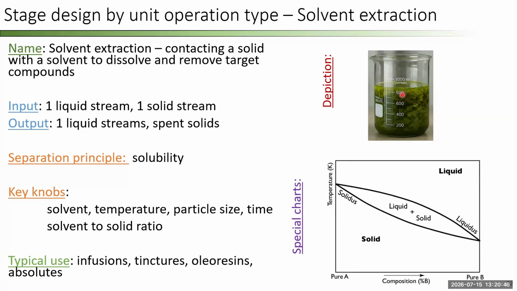I want to operate in this window where I have some of the molecules that are going to end up moving over into that liquid phase. This is the type of extraction technique for infusions, tinctures, oleoresins, and absolutes.